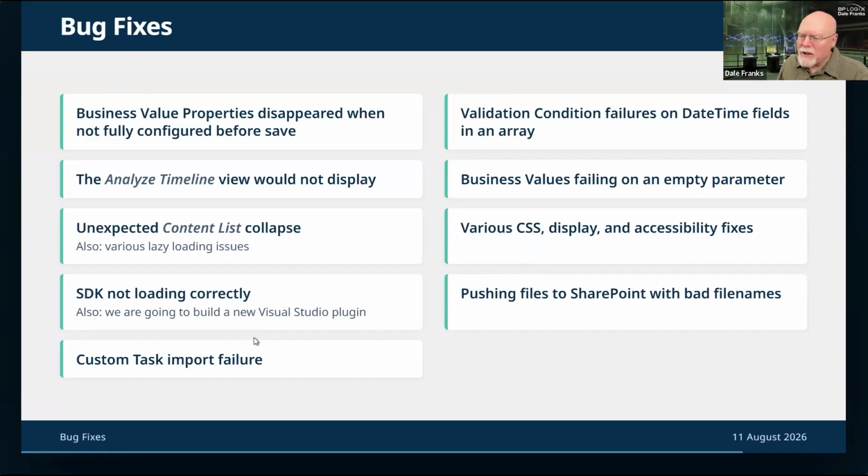We've done some various CSS display and accessibility fixes. Our work in those areas never stops. And we had one error, kind of an edge case. If you push a file to SharePoint and the file that you push has been named with characters that SharePoint reserves and rejects, it would properly reject your file upload.